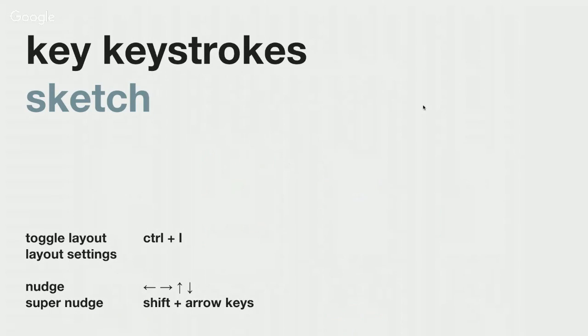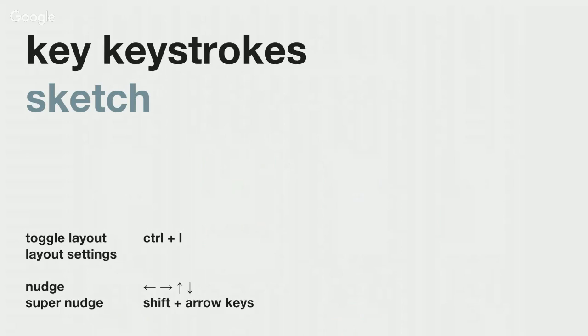Now in this case, the equivalent of using the toggle grid, which was Command apostrophe for Illustrator, is actually going to be Control L in Sketch. Sketch doesn't exist on Windows, so if you were confused about that, I'm sorry.